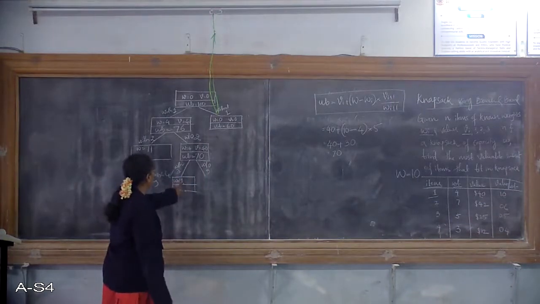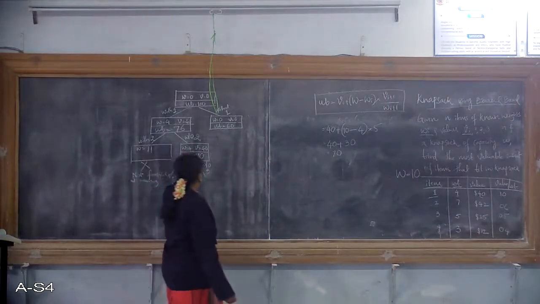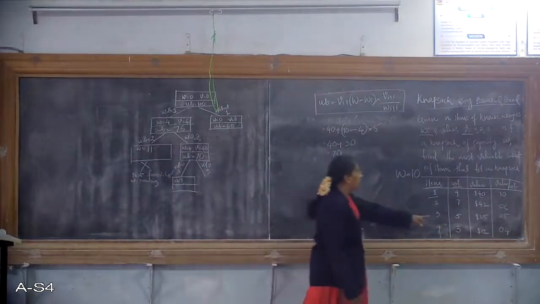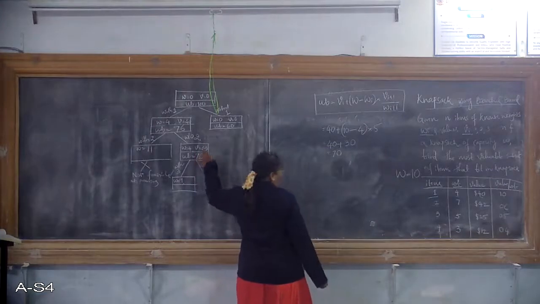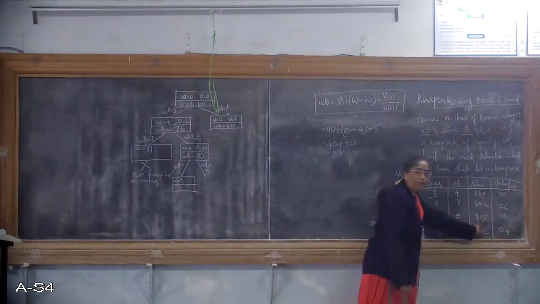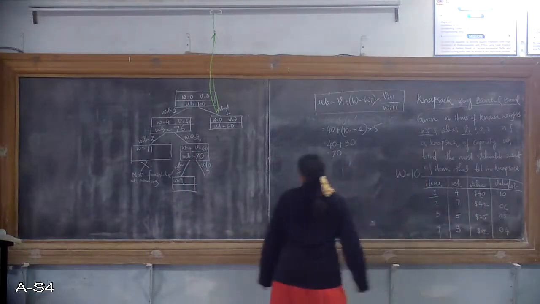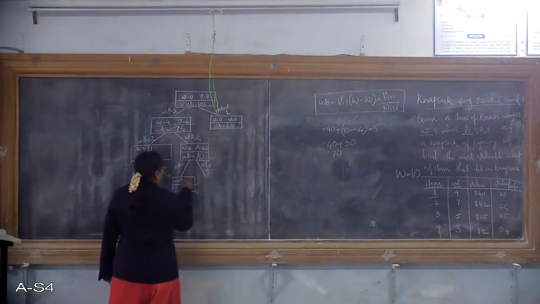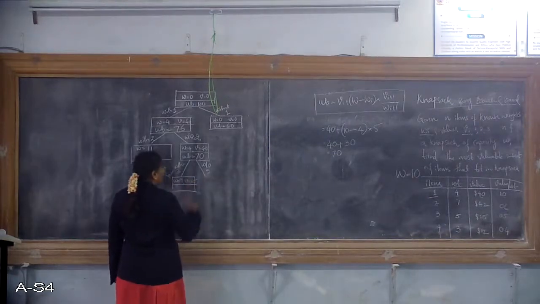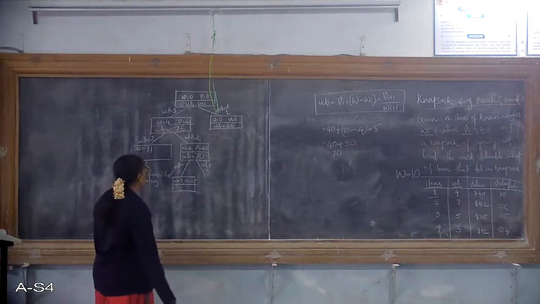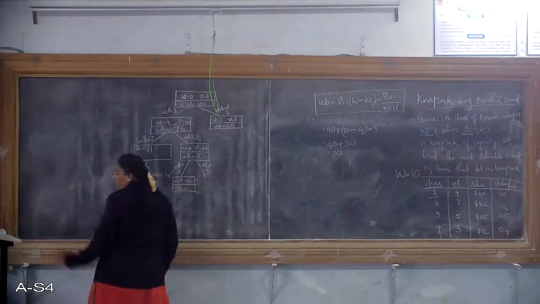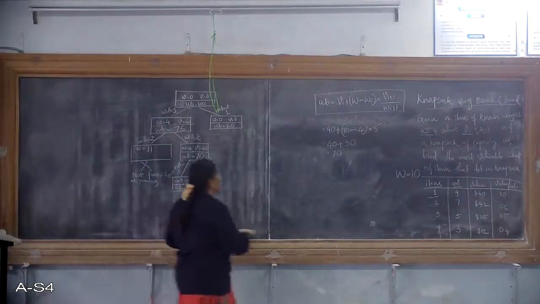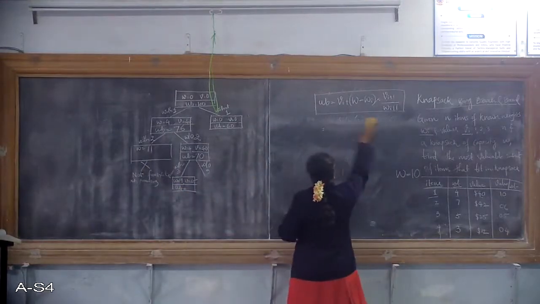So W equal to 9. Why it is 9? This weight equal to 4, 4 plus 5 is 9. Here is V equal to 40, 40 plus 25 is 65. So I'll write V equal to 65. Now you need to calculate upper bound for this node. Put the values in this formula.